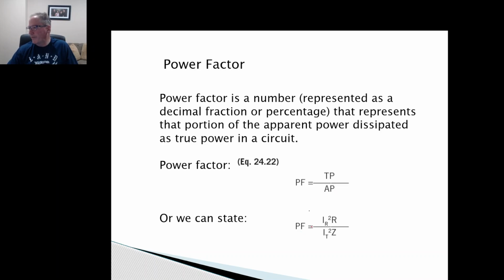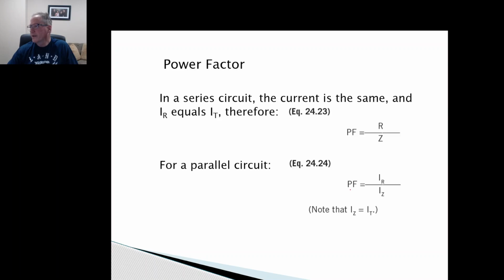All right. Now, the power factor can be calculated as the true power over the apparent power. Or the power factor equals the IR squared times R, which is the true power, divided by the apparent power, which is the I total squared times the impedance. Okay? So in a series circuit, the power factor is just the resistance over the impedance.